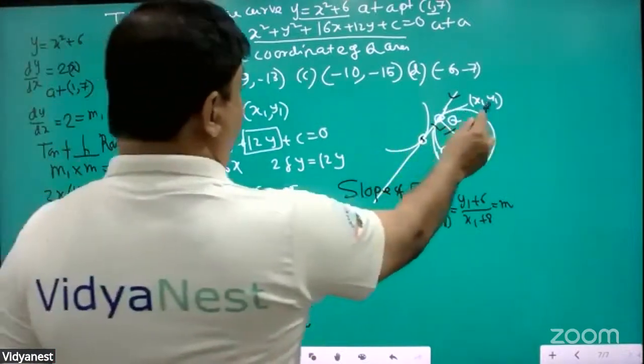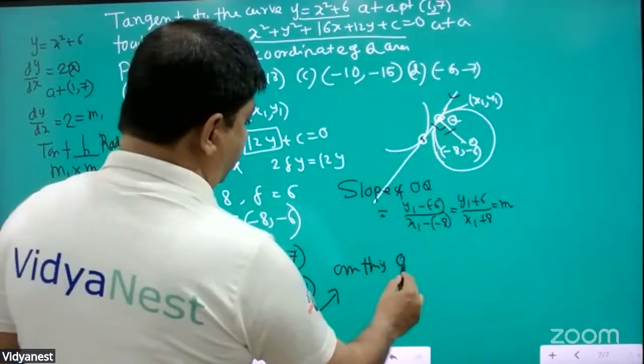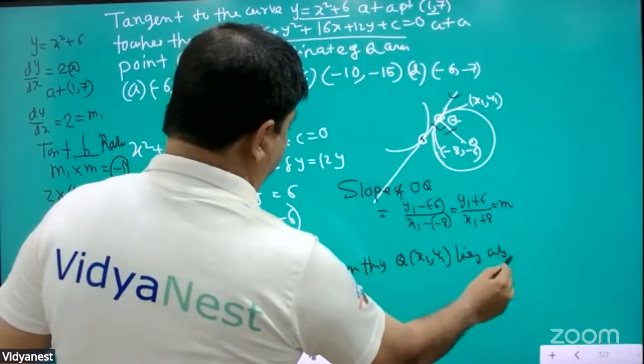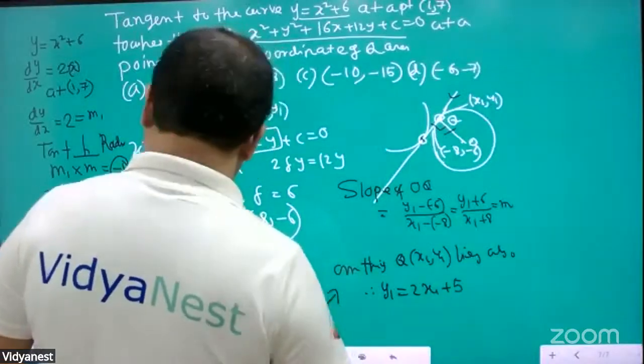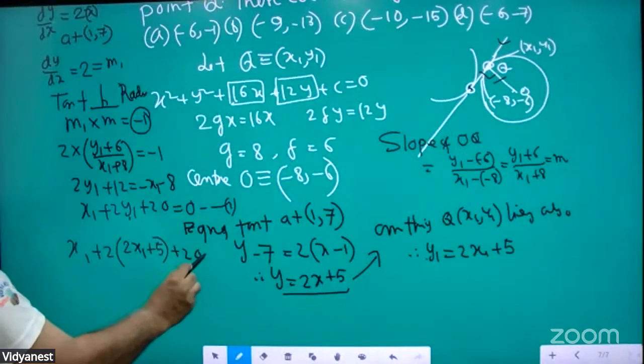That x1, y1 lies where? Here also, on this line. Q, x1, y1 lies also. Therefore, y1 is equal to 2x1 plus 5. So that y1 will be placed here and see the outcome. x1 plus 2 times 2x1 plus 5 plus 20.